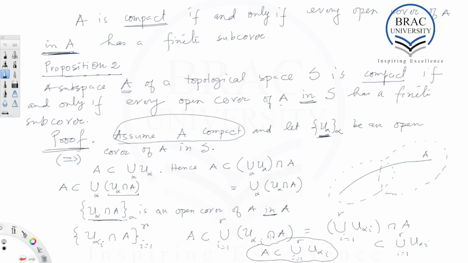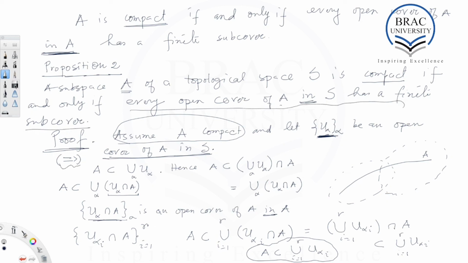So we started with this open cover of A in S, and we have found a finite subcover of this cover. This is actually what we were looking for. Every open cover of A in S has a finite subcover. So we are done with this direction.